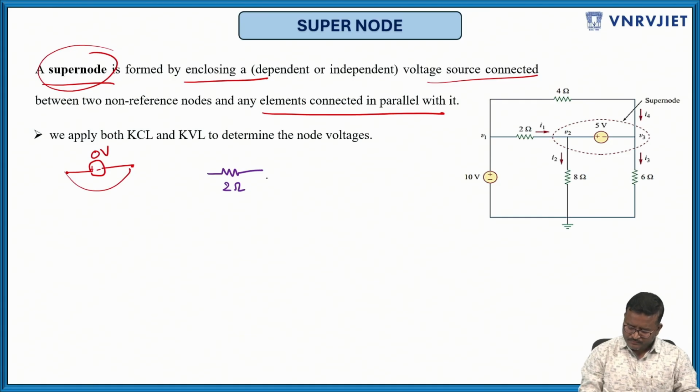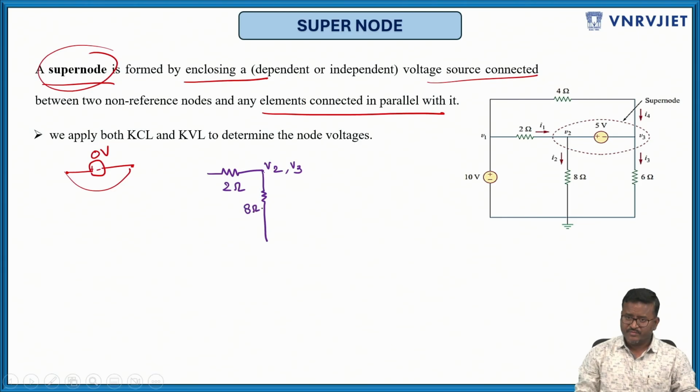There is a 2 ohm resistor, and here I have V2. V3 is the same. Both are the same, and from here I have the 8 ohm resistor and the 6 ohm resistor. One more branch is incoming to this V3. V2 and V3 are the same.